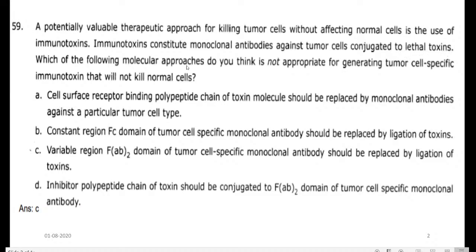Which of the following molecular approaches do you think is not appropriate for generating tumor cell specific immunotoxins that will not kill normal cells? The immunotoxin is killing only the tumor cell. Immunotoxins constitute monoclonal antibodies against tumor cells conjugated to lethal toxins.